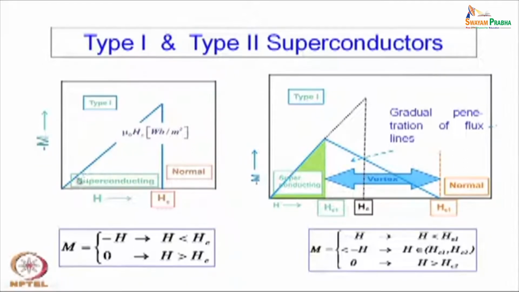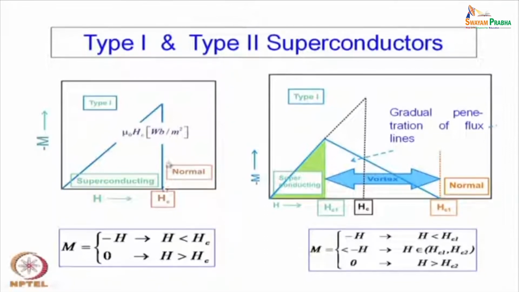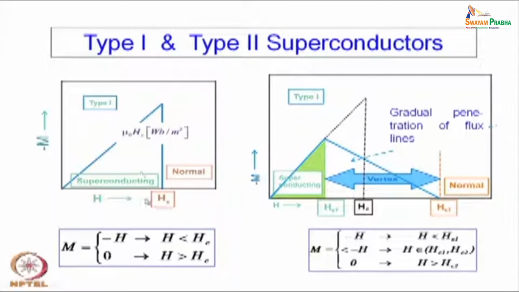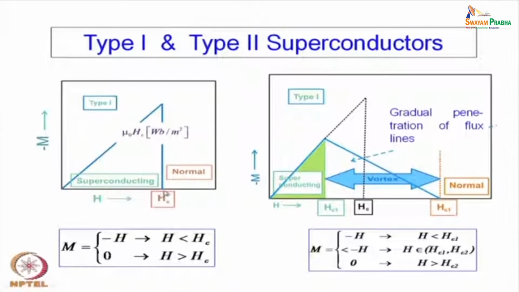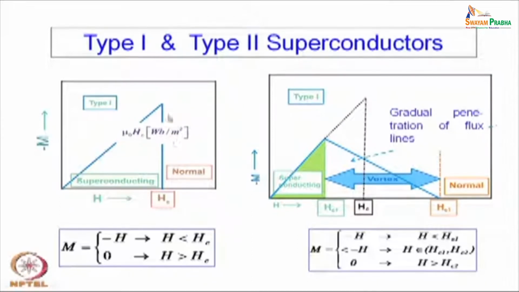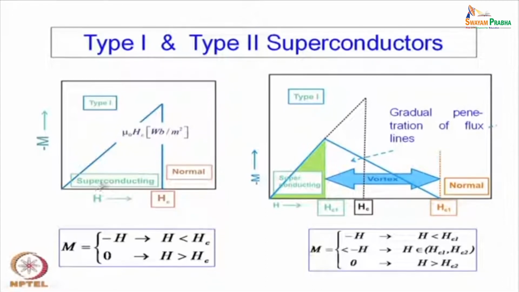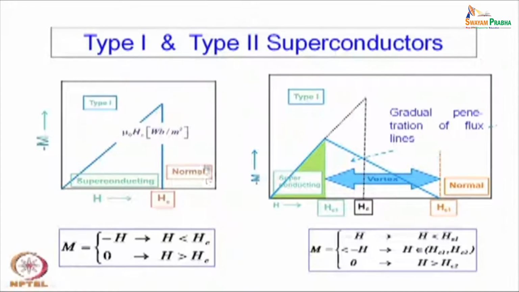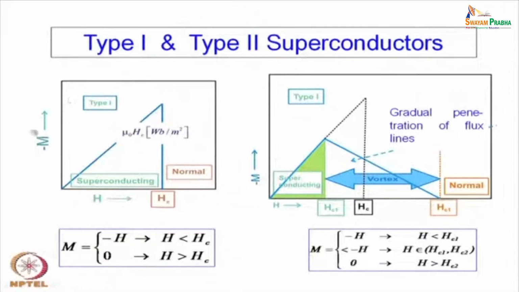Of course, this kind of plots can be drawn at different temperatures. At different temperatures these values will be different, but below Tc there will always be a critical magnetic field Hc, below which it becomes superconductor, above which it is non-superconductor. So, this is what we call the type 1 superconductor.